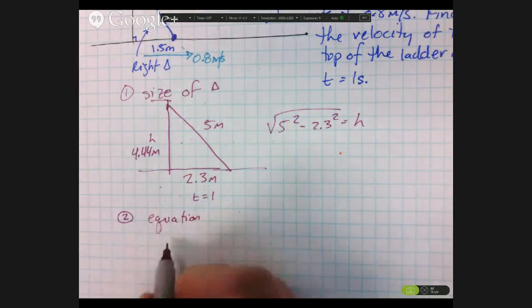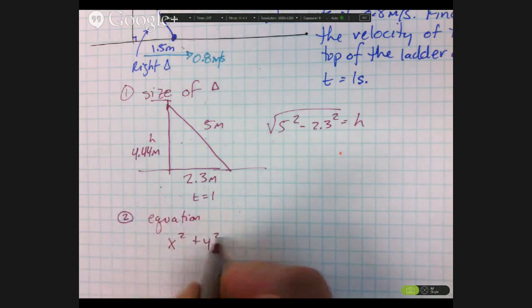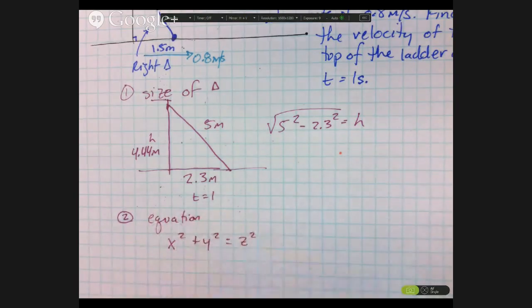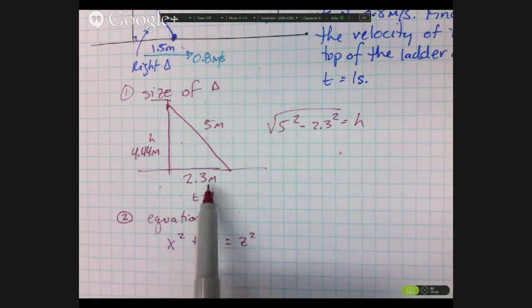What is H? 4.44. That's a Pythagorean theorem, right? Okay, here's one thing you have to know. Is the value of x changing?